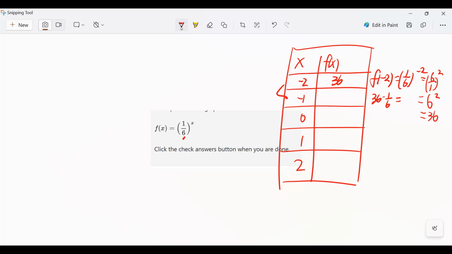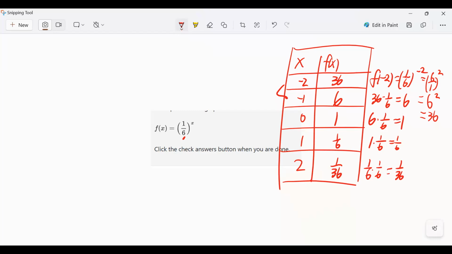Using the previous result times the base, you get the next number. So that's 6. The next number will be 6 times 1/6, that's 1. The next number is 1 times 1/6, which is 1/6. And then 1/6 times 1/6 is 1/36.